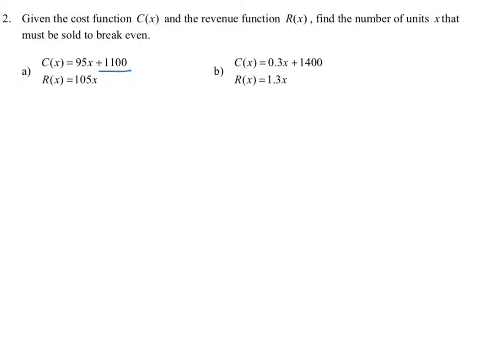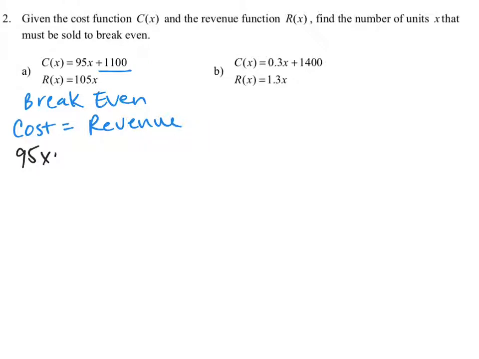So in order to break even, we've got to determine x, the number of units, so that the cost is equal to the revenue. So the break even, we can say that cost equals revenue. So we're going to take our cost equation, which is 95x plus 1,100 equals 105x, our revenue.